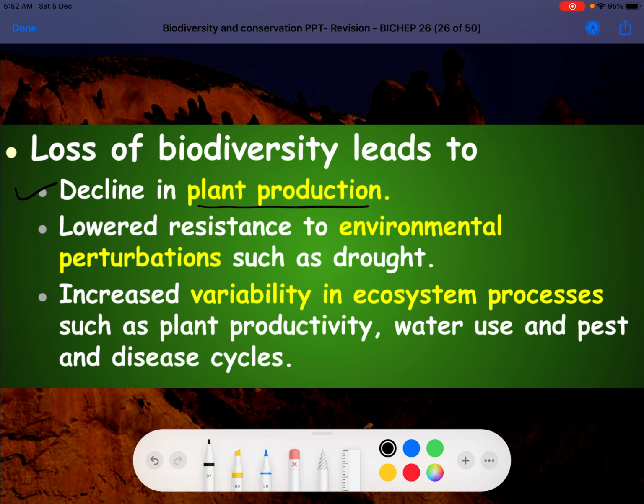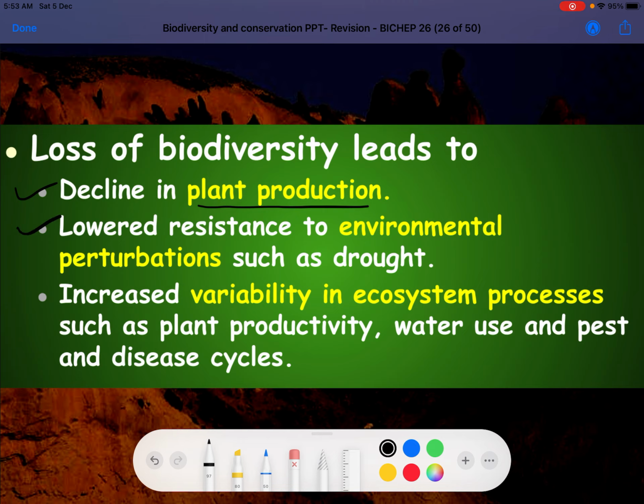If plants are not having good production, then even the animals' rate of production is going to decrease. So decline in plant production is the first effect we can observe due to the loss of biodiversity.